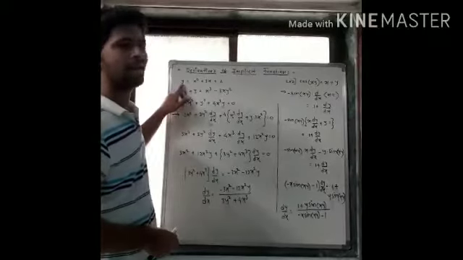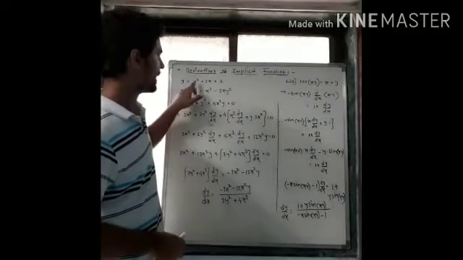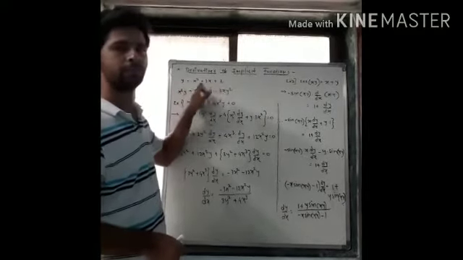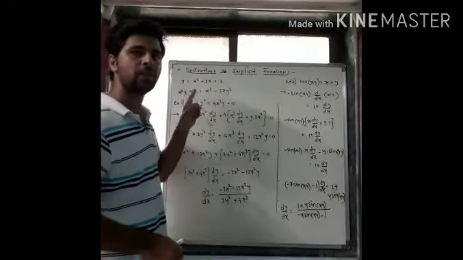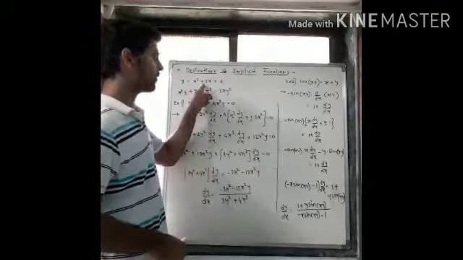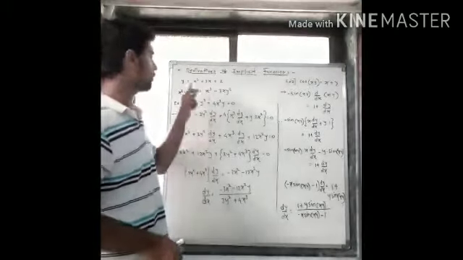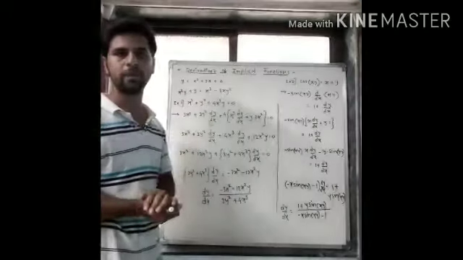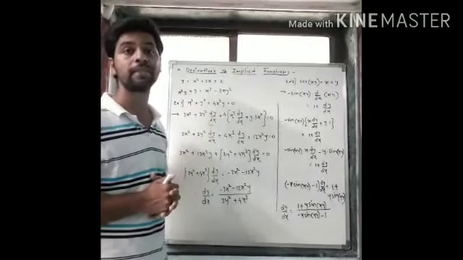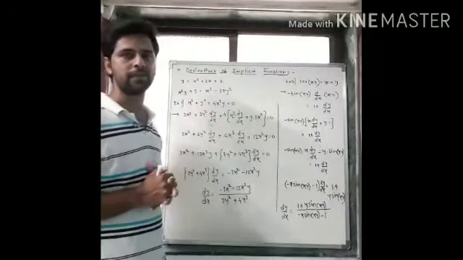See, y is the function, y is expressed in terms of x only, or you can say the function is expressed in terms of only one variable. So y is a function expressed in terms of one variable, that is x only. That type of functions are known as explicit functions.